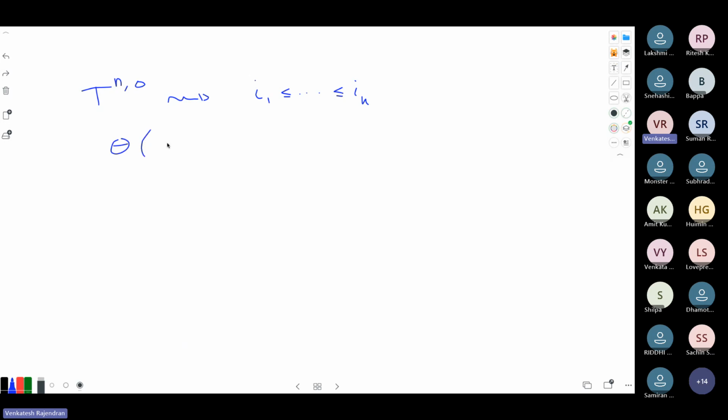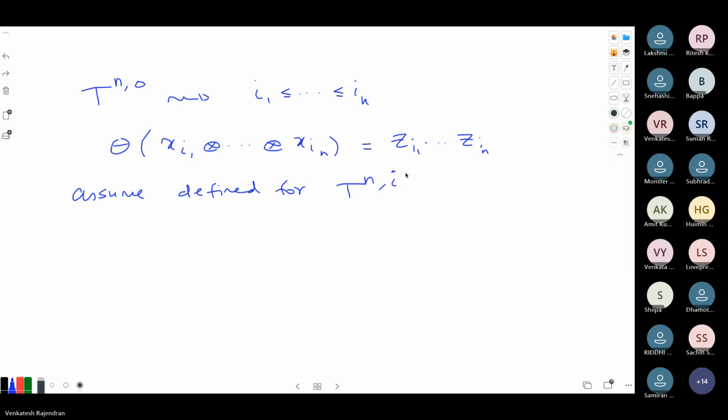So theta of xi1 tensor etc. xin is defined to be zi1 etc. zin. So assume you defined it up to Tni. We need to define it for Tni plus 1.